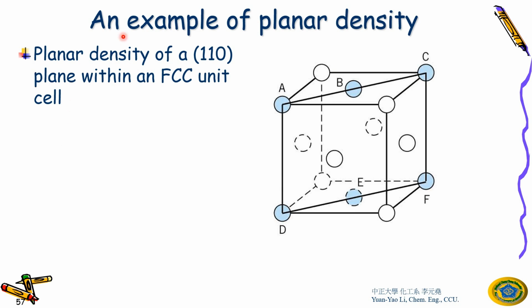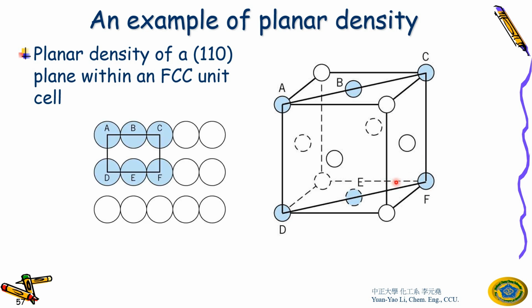Right. So let's take a look at the example of the planar density. So the planar density of the 110 here, this is 110. So two-dimensional looks like this. So can you do this for me? What is the planar density?